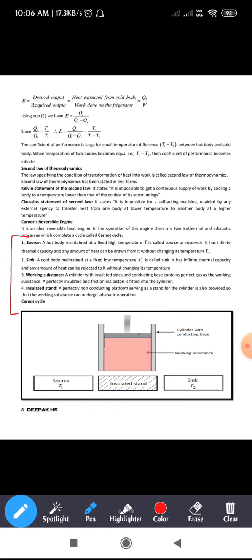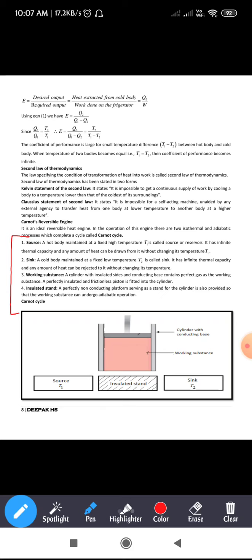So this source is a body maintained at very high temperature, denoted by T1. You can draw any amount of heat from it so that its temperature remains the same.